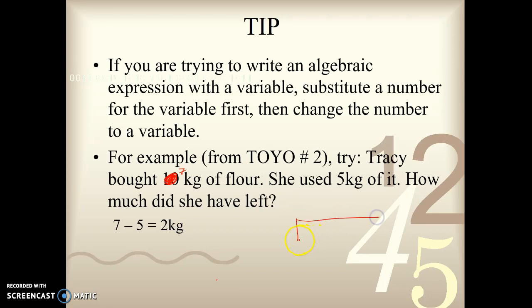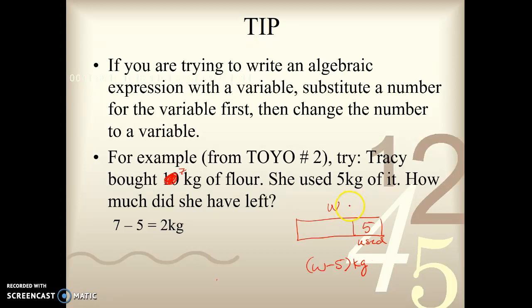So you've got this algebraic expression where Tracy bought some amount of flour, and let's see, what did we use in example 2? I think we used a W, right? Well, let's just pretend that W equals 7 for this example. She used 5 kilograms. How much does she have left? So what we're really going to end up with is W minus 5 kilograms, just what we went over. But sometimes that's hard to figure out.